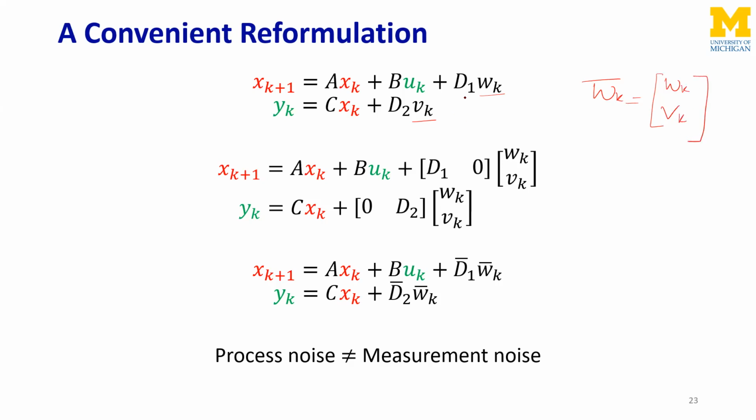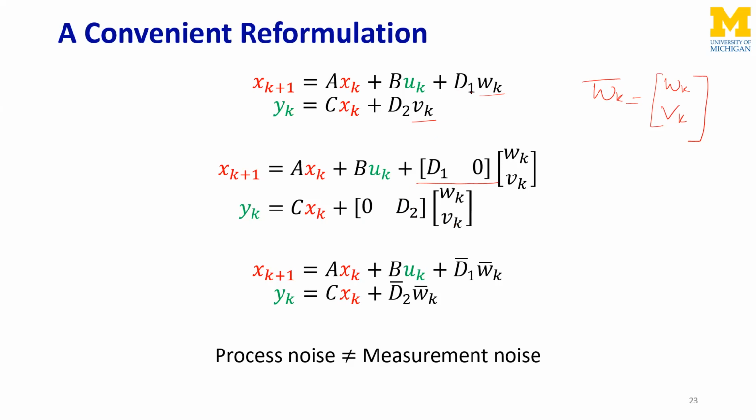So if I want D1 WK and nothing else in the state equation, I can write this matrix D1 0, and when it multiplies WK and VK, it actually gives me D1 WK. And similarly, on the output equation, I'm going to write this matrix, which is going to give me D2 VK.